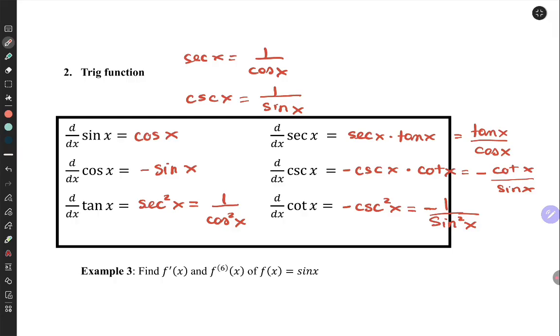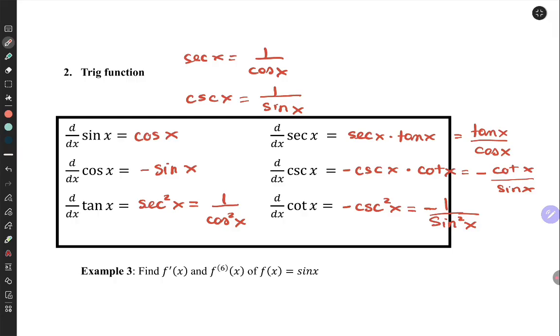Those are the four that you keep seeing. Technically, my personal preference, I hate cotangent, because I know cotangent is 1 over tangent, just a reciprocal of this. So knowing this, basically you know that.